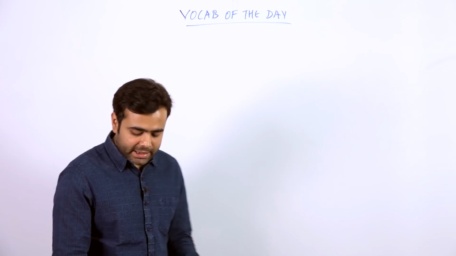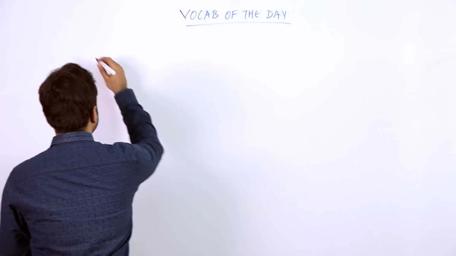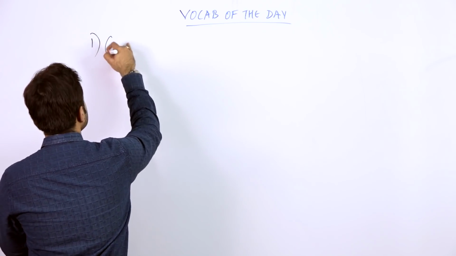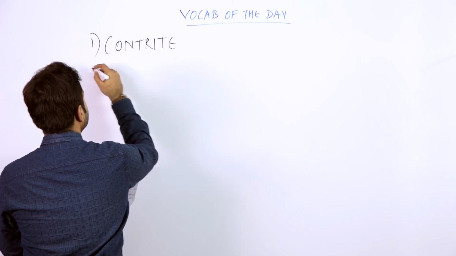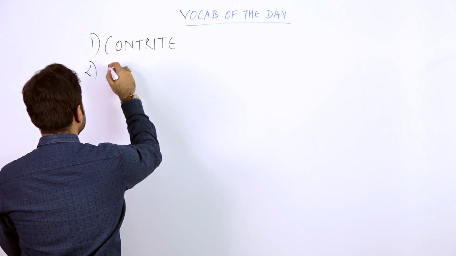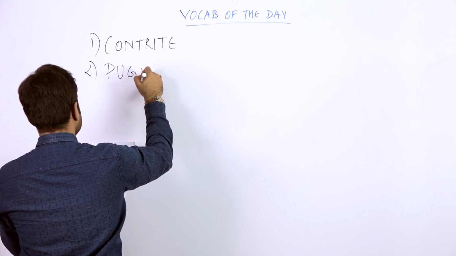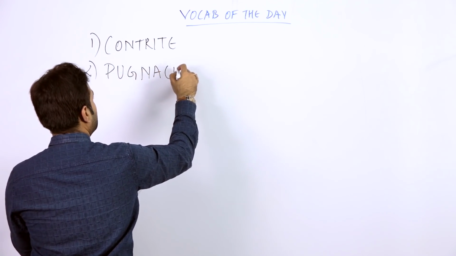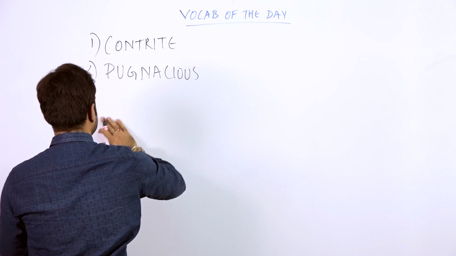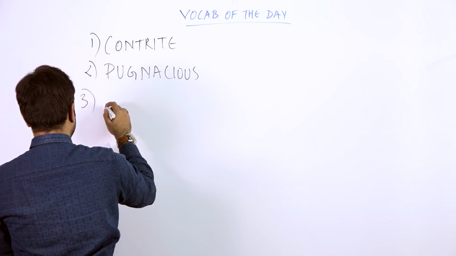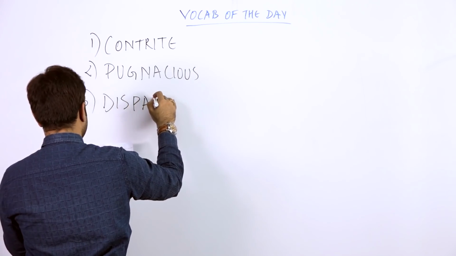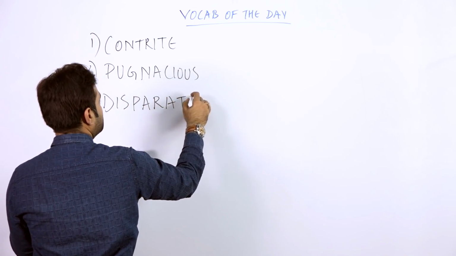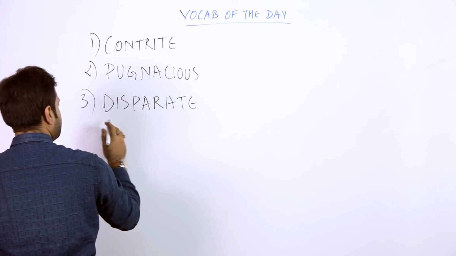Students, 10 words that initially we are going to discuss. The first word that I have taken is CONTRITE. The second word is PUGNACIOUS, pugnacious. The third word that I have taken is DISPARATE, disparate.